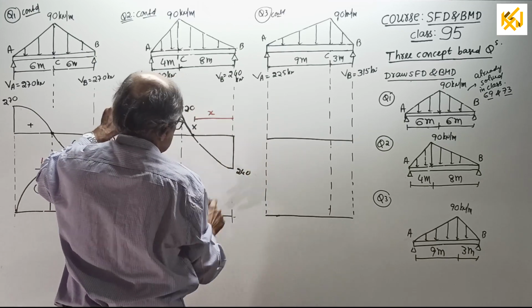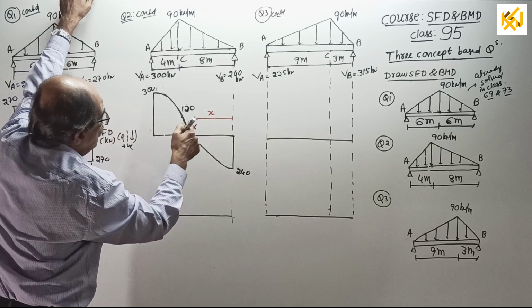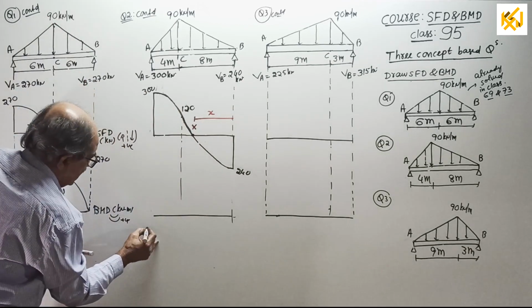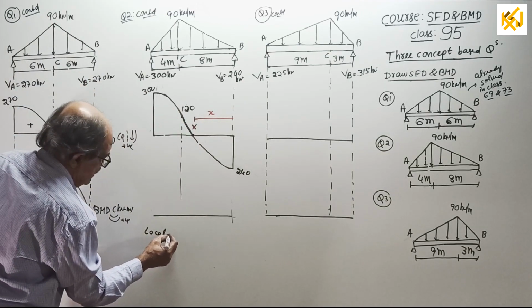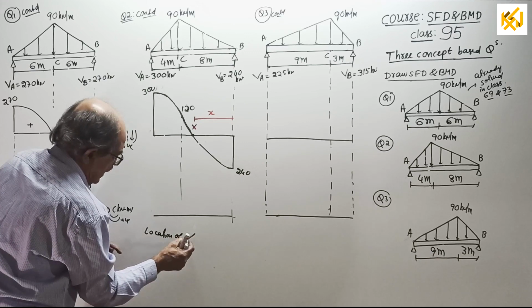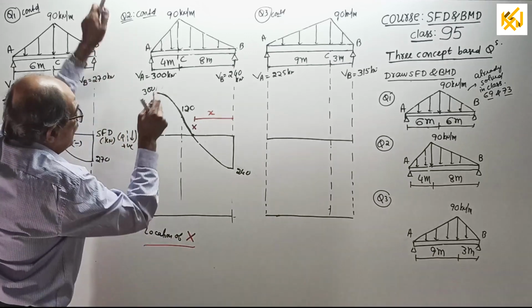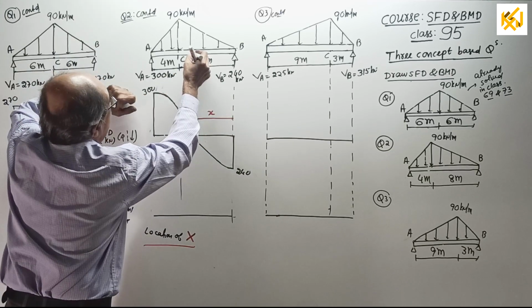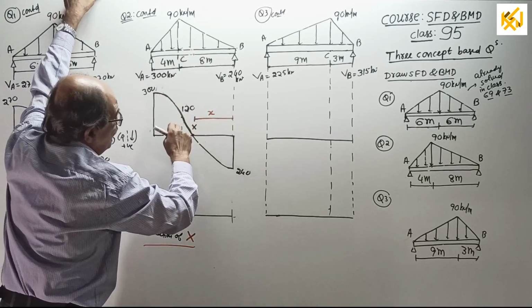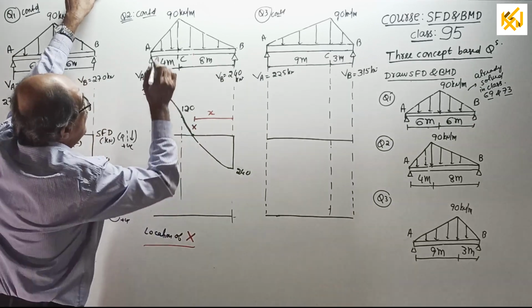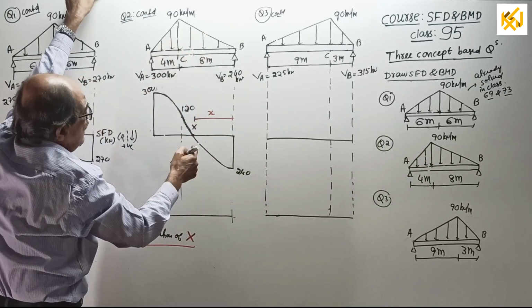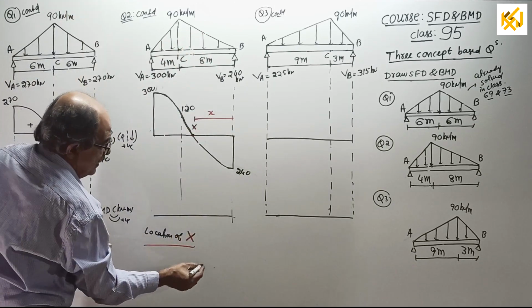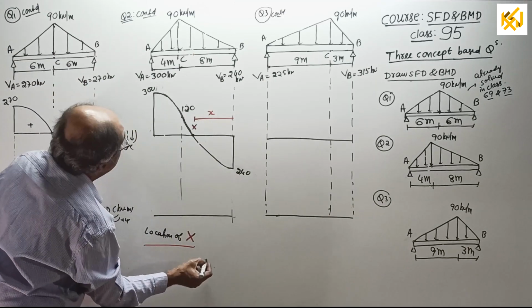Let them comment. Okay. Now, see, I'll tell you this question, location of point x. I'll explain it to you. Let the point x be at small x from the right side. See, the point x will be somewhere here. At small x from the right side. Okay, then let the intensity there be w suffix x. Then, just to understand, you write a sketch here.